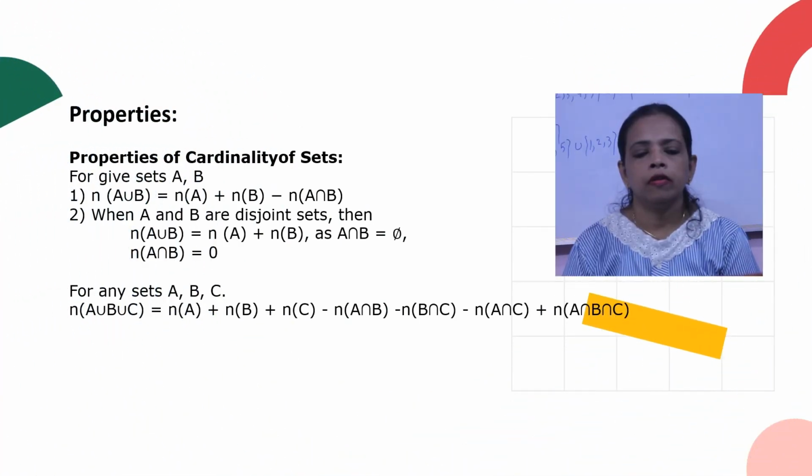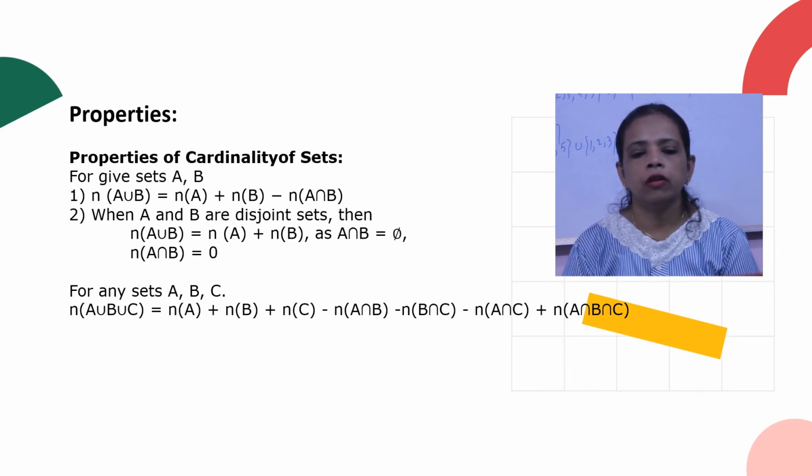Now let me state the properties of the cardinality of sets. For two sets A and B, the number of elements in A union B equals the number of elements in set A plus the number of elements in set B minus the number of elements in A intersection B. When A and B are disjoint sets, that is, two sets have no common element, A intersection B is a null set, then n(A intersection B) is 0.